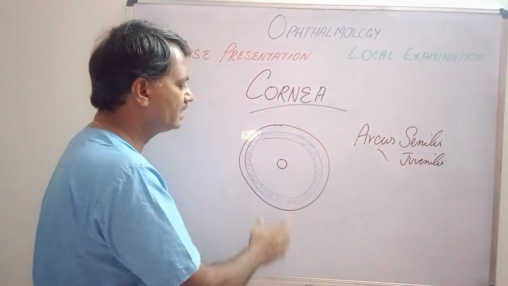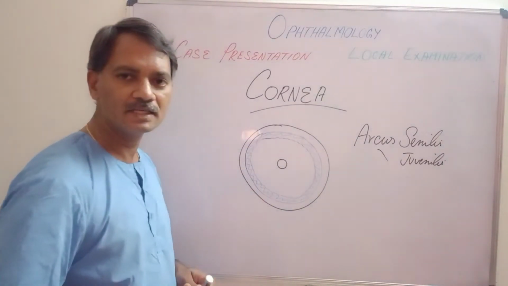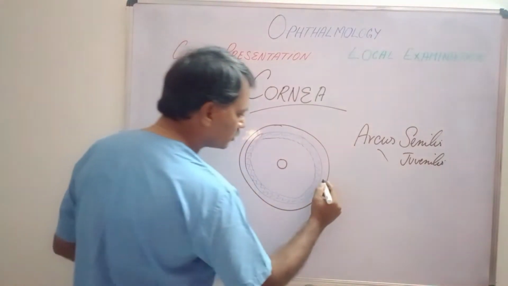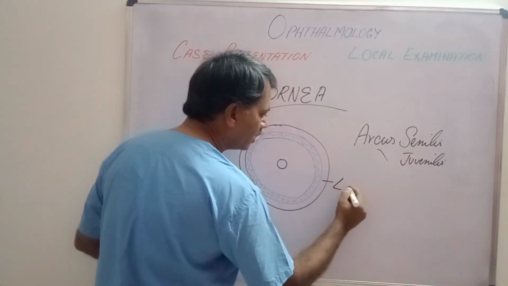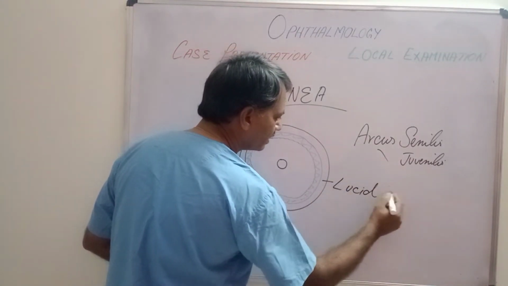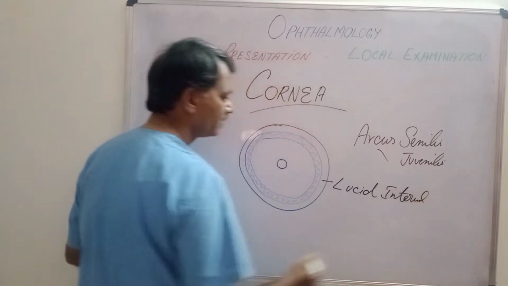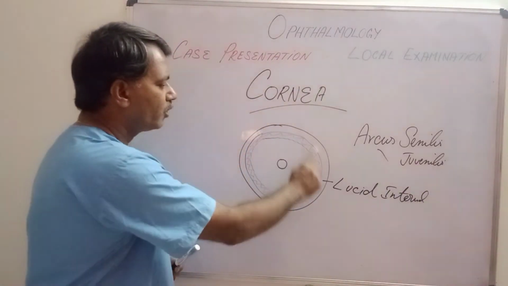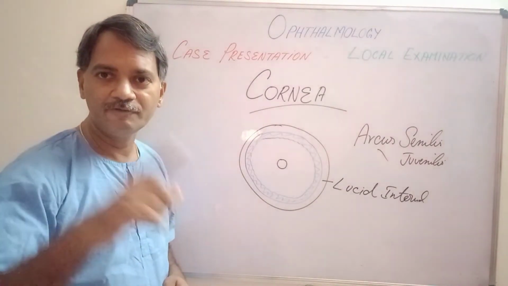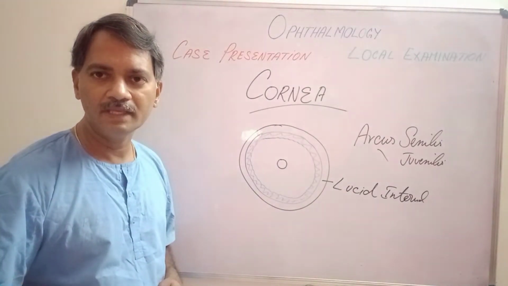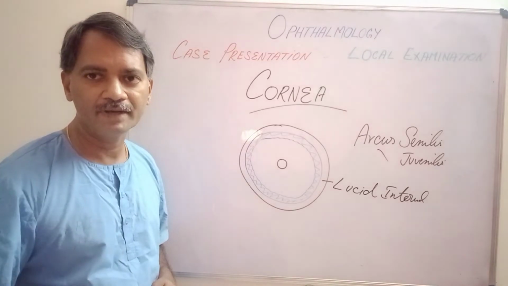This whitish ring will be separated from the limbus by a clear zone of cornea that is called the lucid interval. The outer border of this whitish ring will be well defined. The inner border will not be that well defined.